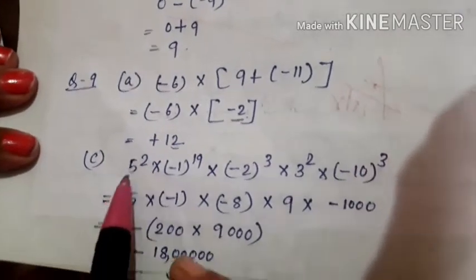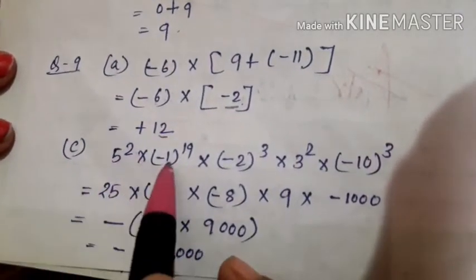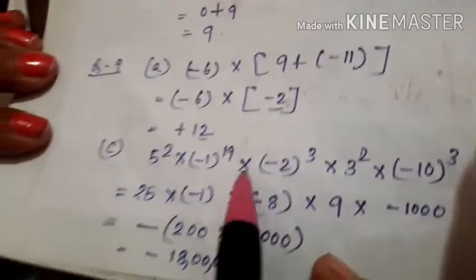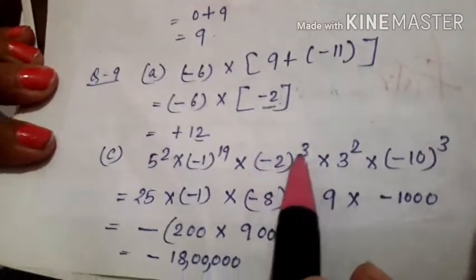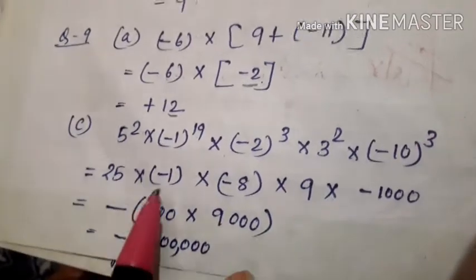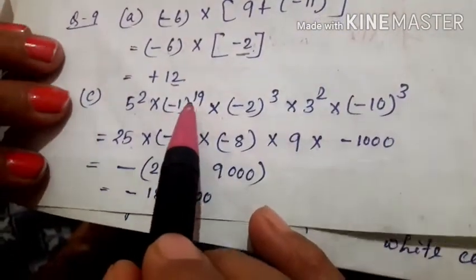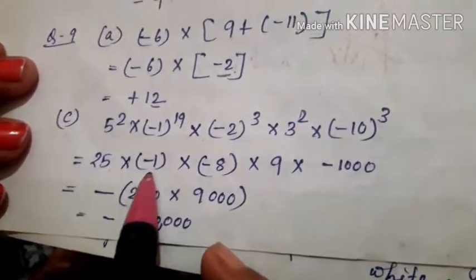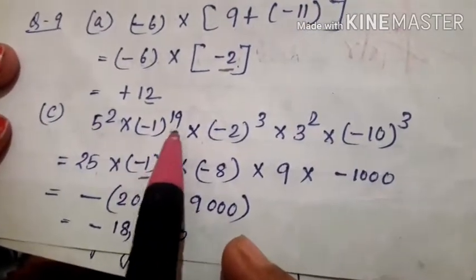Then C has given 5 to the power 2 into minus 1 to the power 19 into minus 2 to the power 3 into 3 square into minus 10 to the power 3, which is equal to 5 into 5, 25, minus 1 to the power 19 means its value is minus 1 because its power is 19.